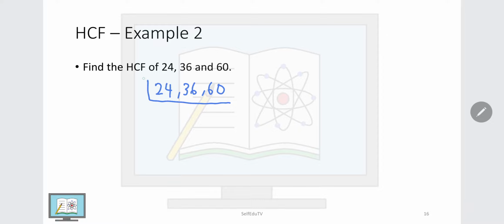They are divisible by 2, and still divisible by 2.